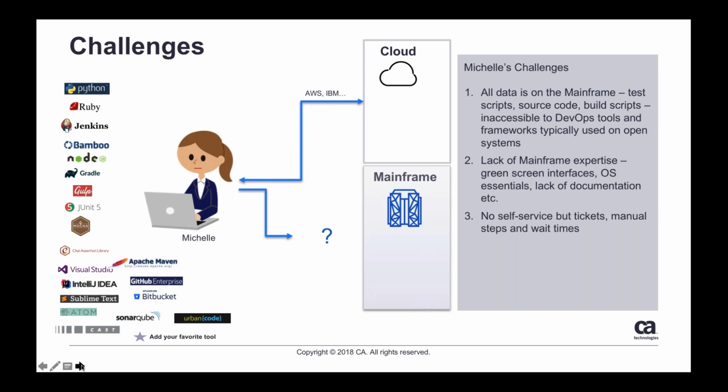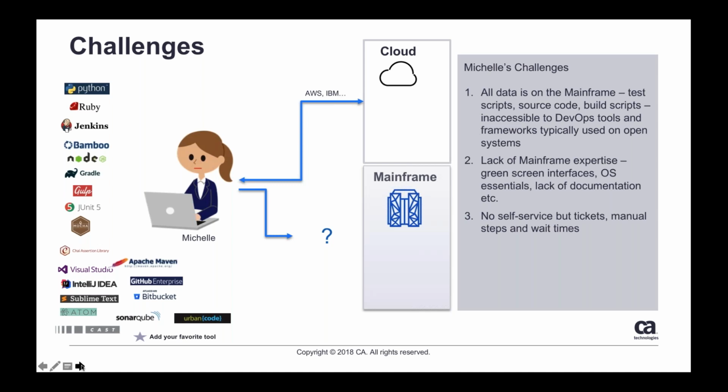Some of the challenges: certainly data is on the mainframe, but also a lot of scripts, source code, build scripts. A lot of these valuable assets are on the mainframe, and historically the only way to work with them was to learn the tools and the processes required for mainframe development, which were very different. There's no expertise in the operating system, the interaction with it, the tools, and certainly applications that have been there for a long time lack documentation and things like that.